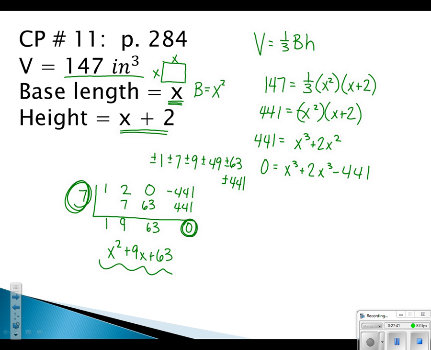Now thinking about this one too, I know I put all of the options I had up there for 441, but lengths of bases of a rectangle couldn't possibly be negative. So really the only ones to test on this one would have been the 1, the 7, the 9, the 49, the 63, and the 441 only. We never would have been able to have a negative 9 base length, for example. All right, so my base length is 7.